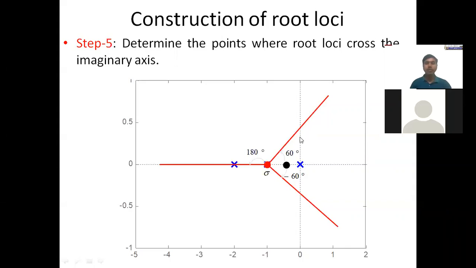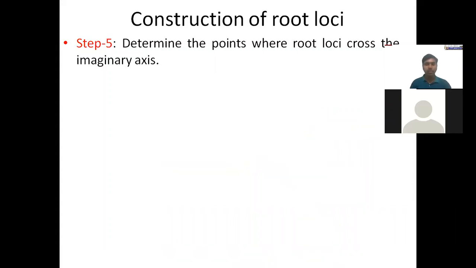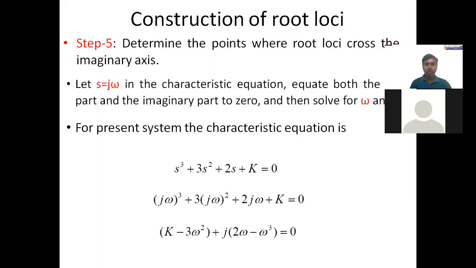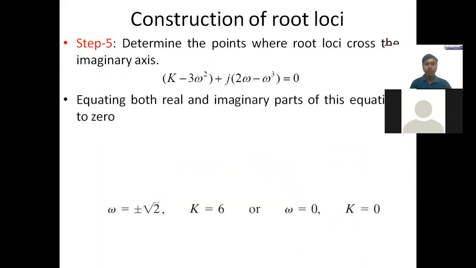So we have to find this intersection with the imaginary axis. How to find this? For this we have to substitute s is equal to j omega in the characteristic equation. Therefore we'll get the equation in terms of k and omega. After comparing the real part and imaginary part on both sides, we'll get both omega and k.